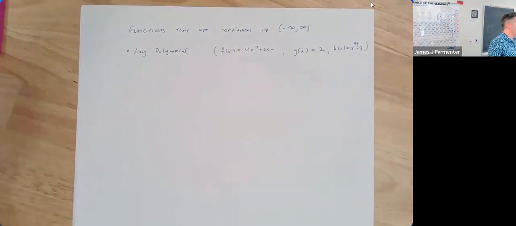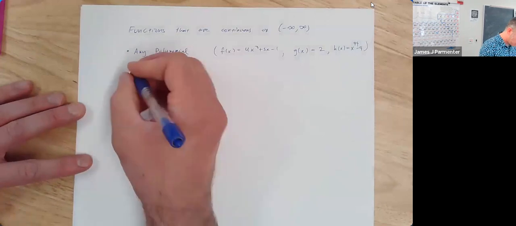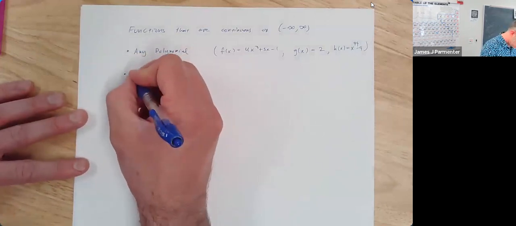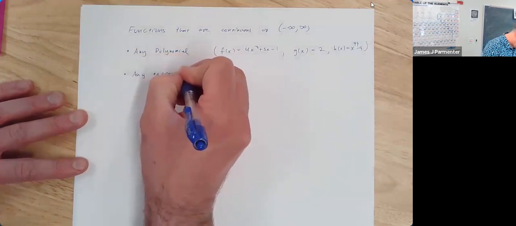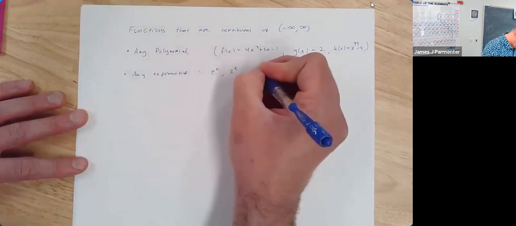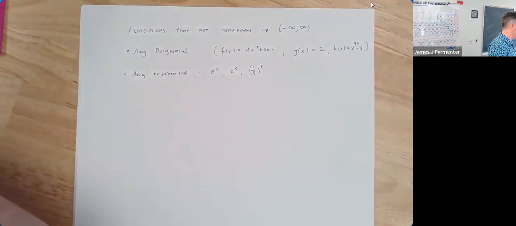Anything where you only have non-negative integer powers of x added together. Any exponential function, like e to the x or 2 to the x or 1/3 to the x. Those are all continuous everywhere. Nice.